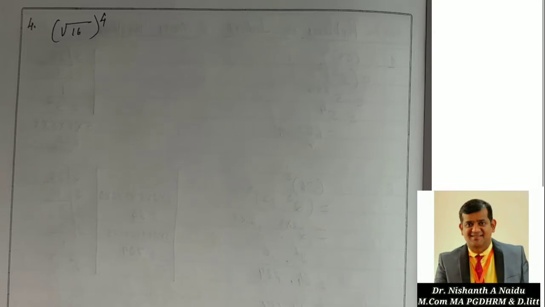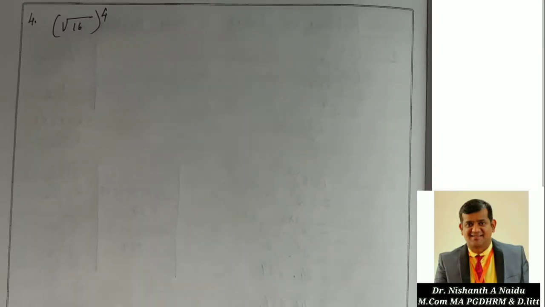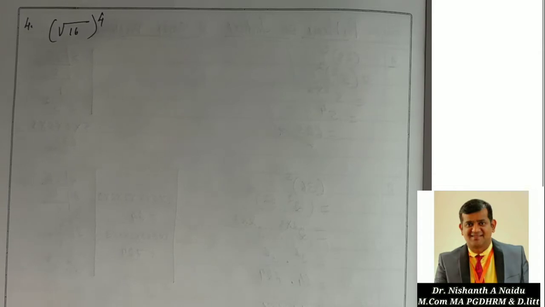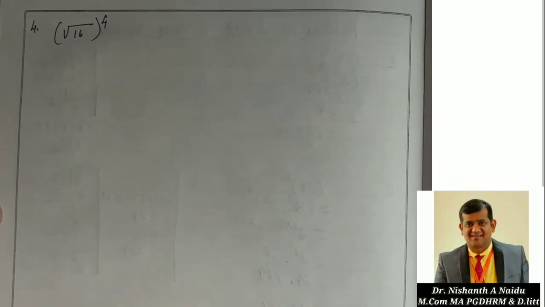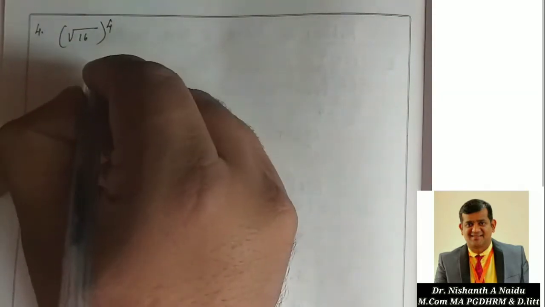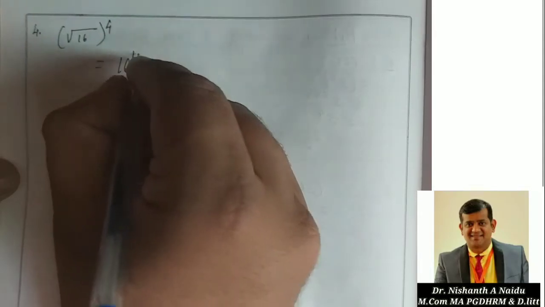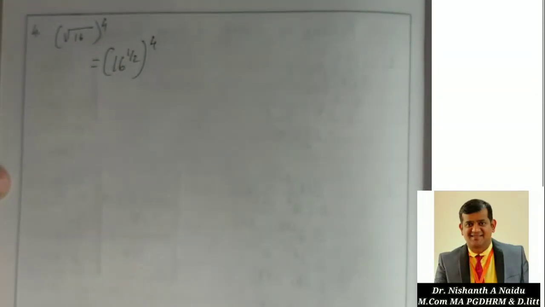Whenever root comes, we consider it as a power of 1 by 2. So if you convert according to that law, 16 to the power 1 by 2, whole power 4.